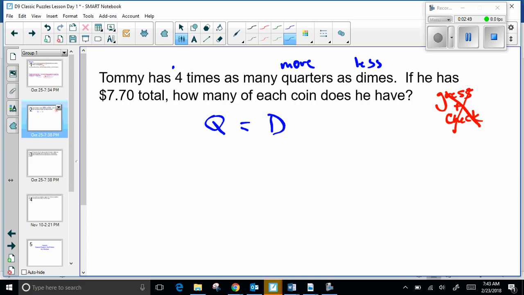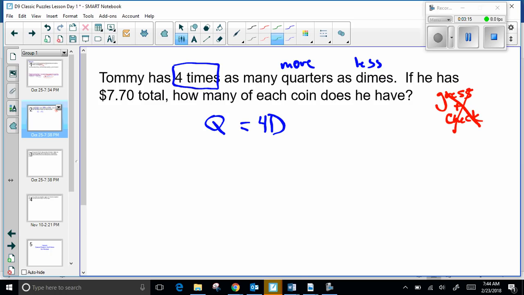Well, it does tell me there's 4 times as many quarters as dimes. So whatever the number of dimes is, let's say I had 10 dimes. That means I have 40 quarters, right? Well, in order to make them equal, I'll have to put this 4 times in front of D in order to make it equal to the number of quarters. Lots of times people will get this switched around, so you have to put a little thought into it. But I know that you guys can handle it.